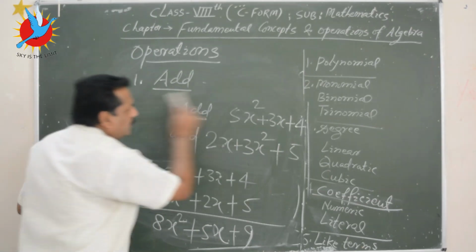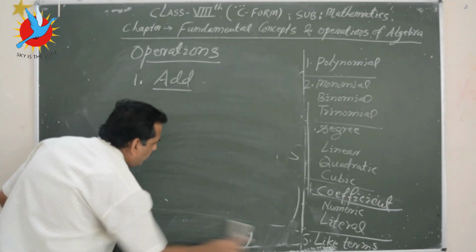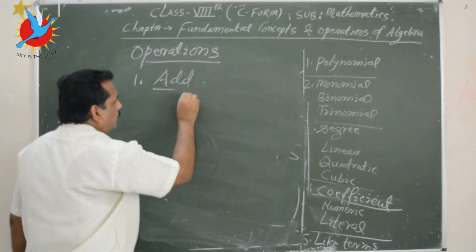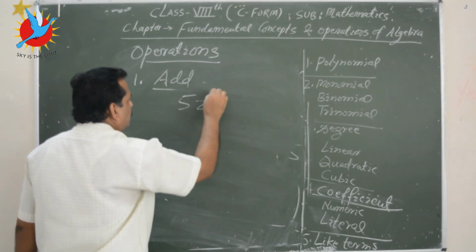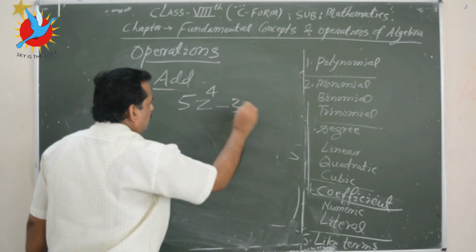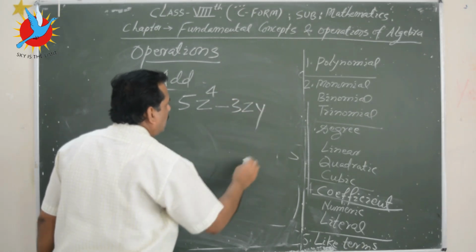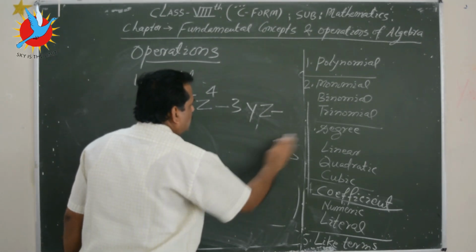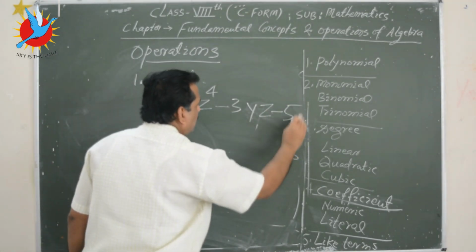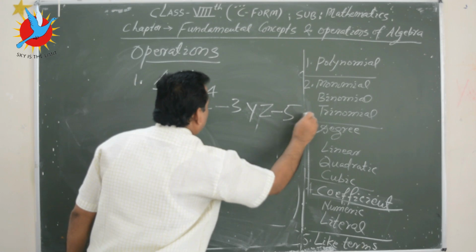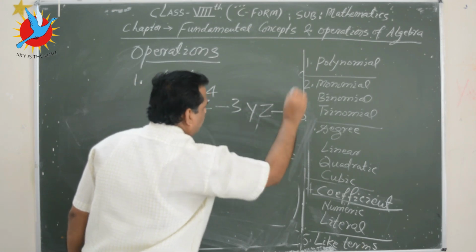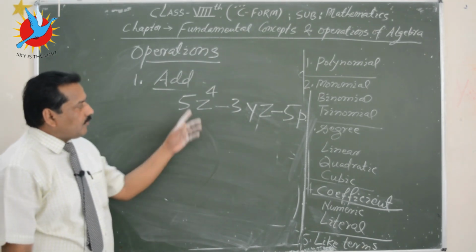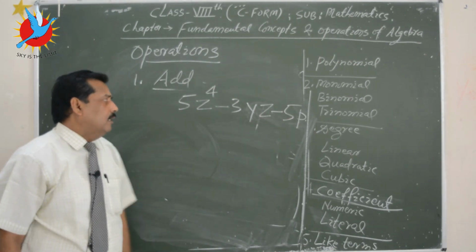And let us take one more example. Add 5z to the power 4 minus 3yz and minus 5p. So how many variables are there? z, y, and p.